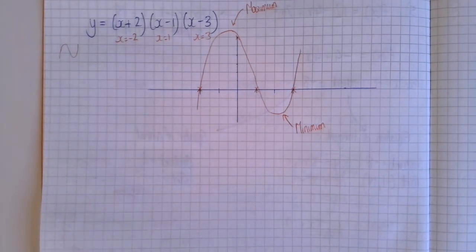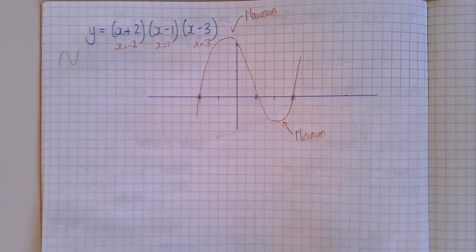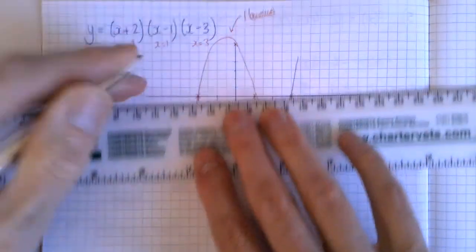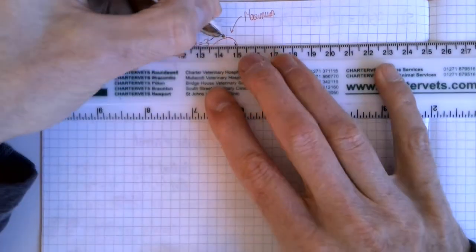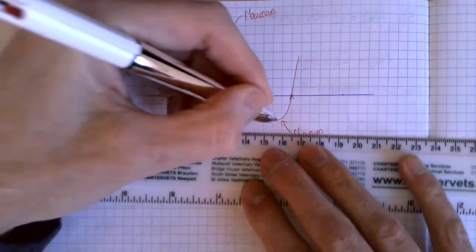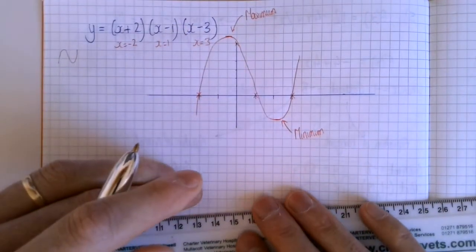Can you see how we can use differentiation? The key thing is that at a turning point, at a maximum or a minimum, the gradient of the curve is temporarily 0. The curve will be horizontal, just for an instant, because of course the gradient of the curve is always changing.